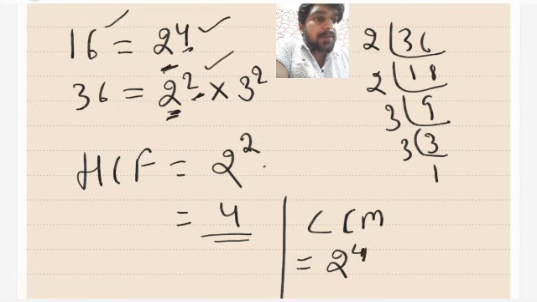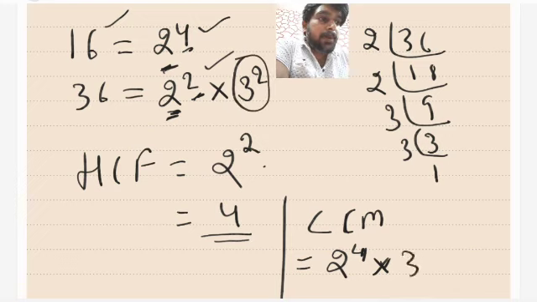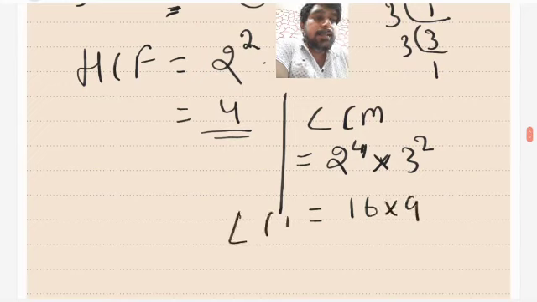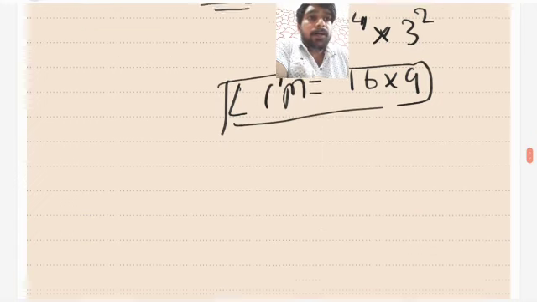The highest power available is 2 raised to the power 4, and you have to multiply it with all the remaining prime factors with whatever power they are having. So here the remaining prime factor is 3, so it will be multiplied with 3 with the power 2. So it will become 2 raised to the power 4 into 3 raised to the power 2, that is 16 into 9. So this is your LCM. Is it clear? I hope you have got it, right?